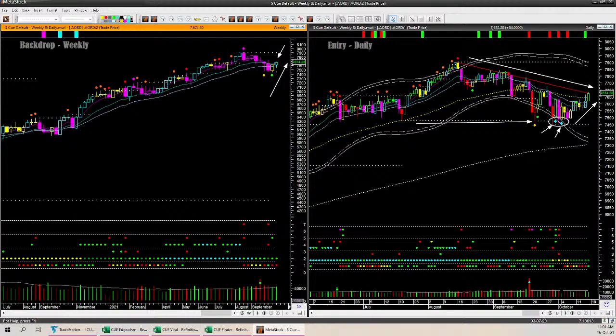Now it is right at the trendline resistance.